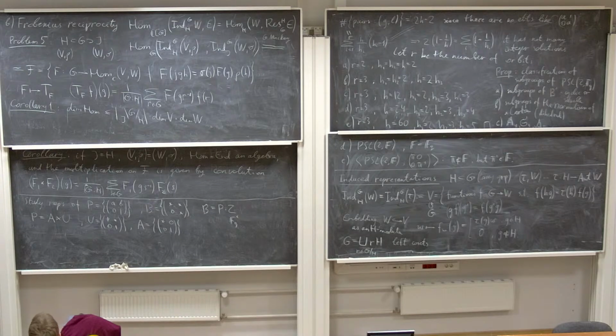You see, it cannot be just a delta function of the unit in the group, because it must be equivariant with respect to H. So its support cannot be that small. What is its support? What is the smallest possible support?